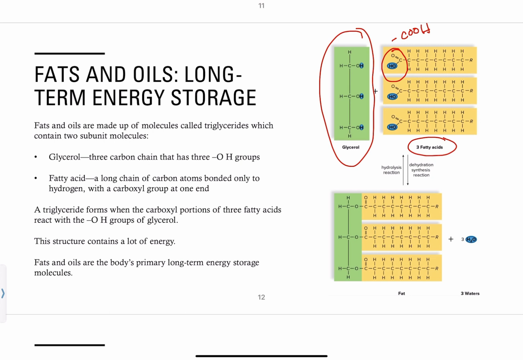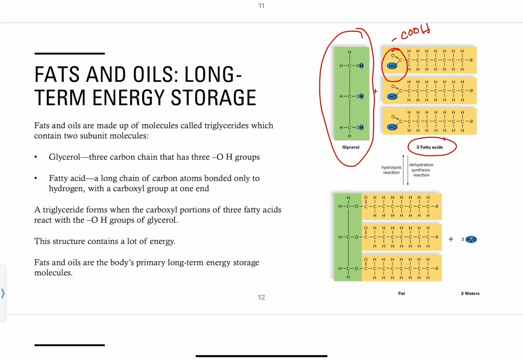So when we have these 3 fatty acid chains that bind to the 1 glycerol, it's going to give us a triglyceride. And just like we talked about building all of our other macromolecules, this reaction to form it is going to also occur via dehydration reaction, where we're going to have to remove 3 water molecules, 1 for each of the fatty acid chains, in order to link it to the glycerol itself.